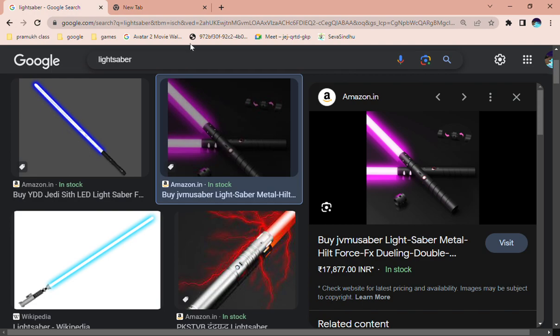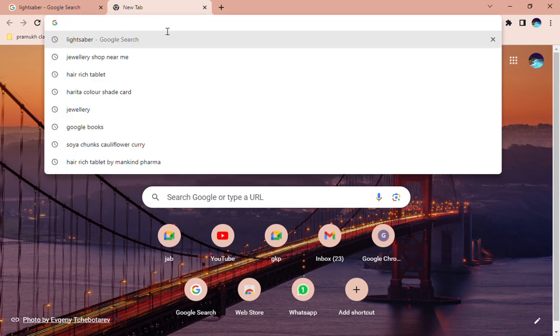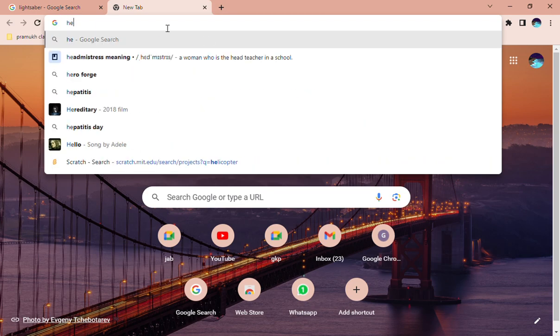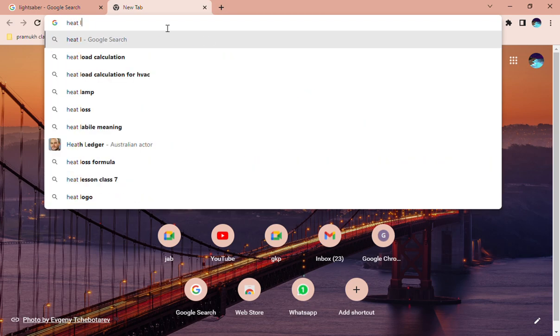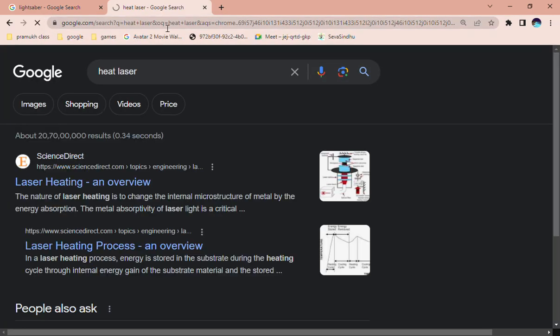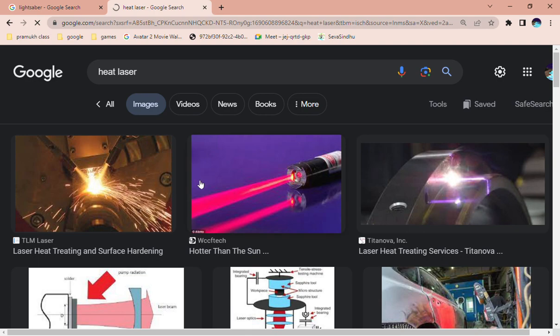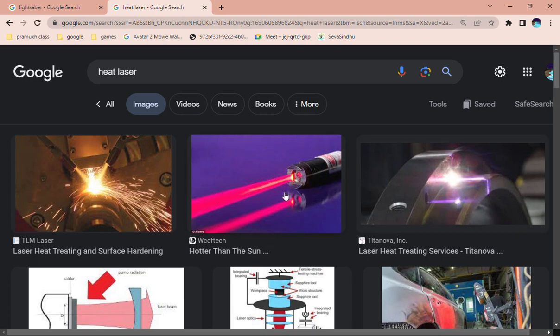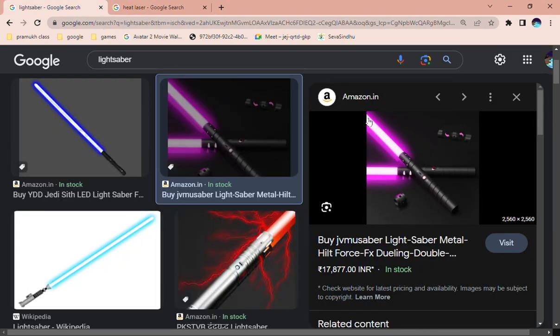Let me show you. Heat laser images. Let's see. This is a heat laser. But check it out, the heat laser is so large. It can't fit inside a small stick of our lightsaber.